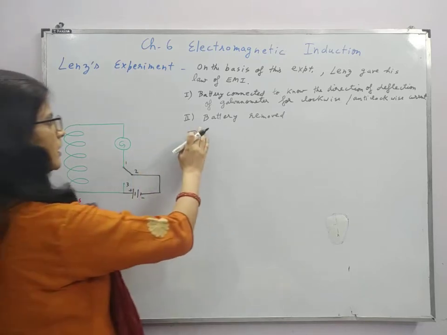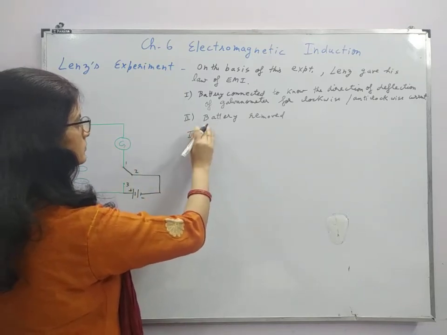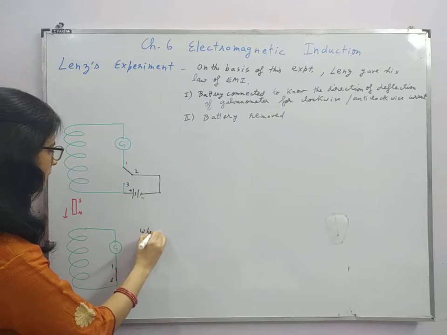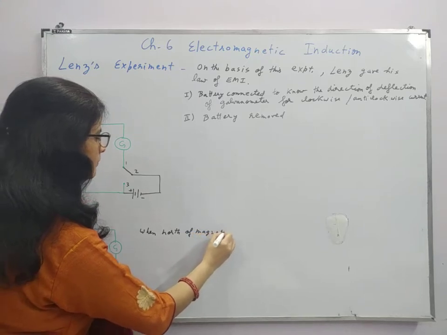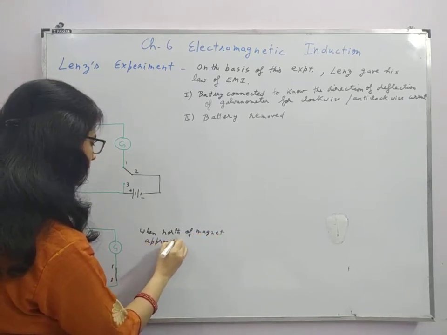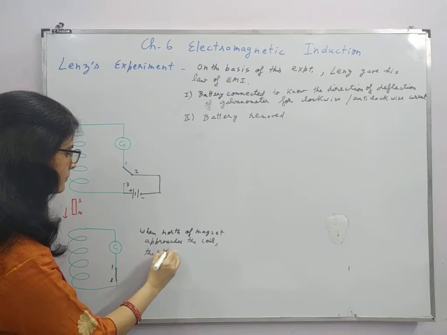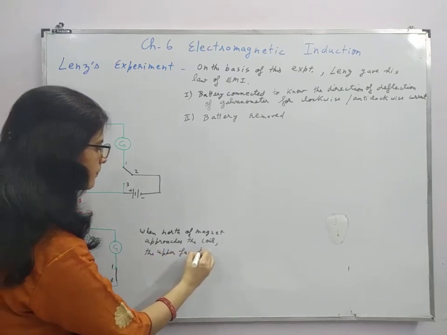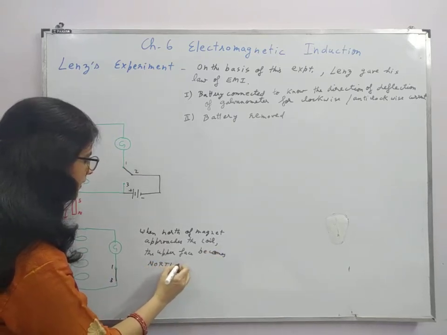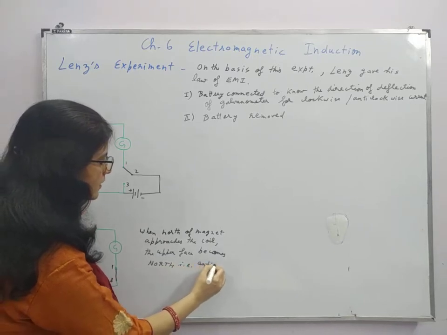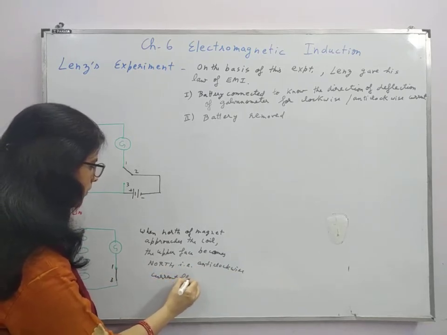So in this case, I'll just mention it: when the north of the magnet approaches the coil, the upper face becomes north, that is, anti-clockwise current flows.